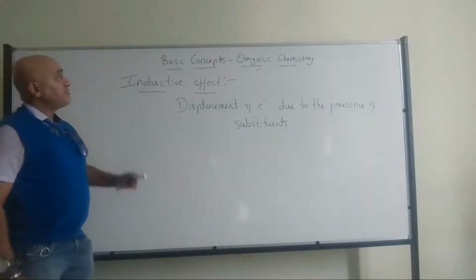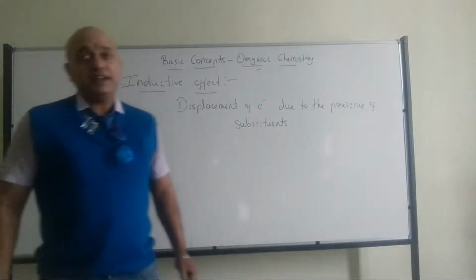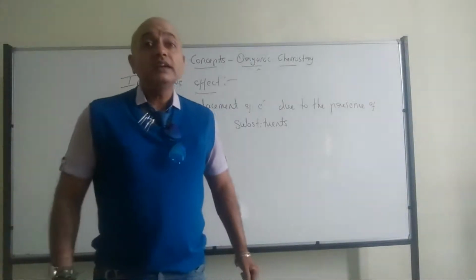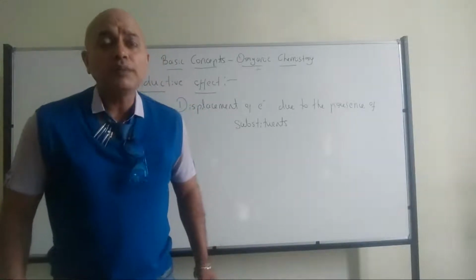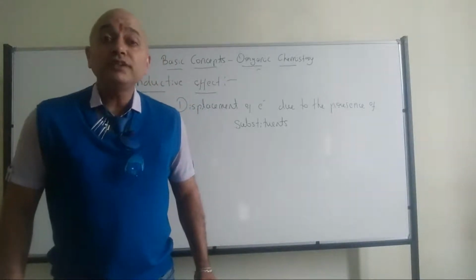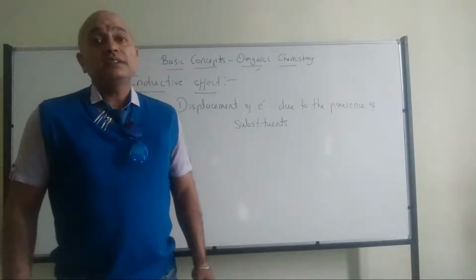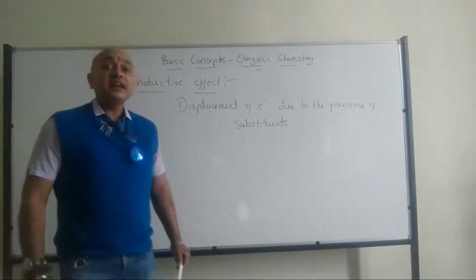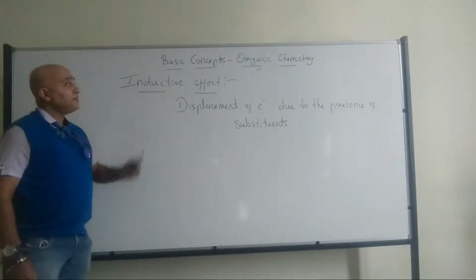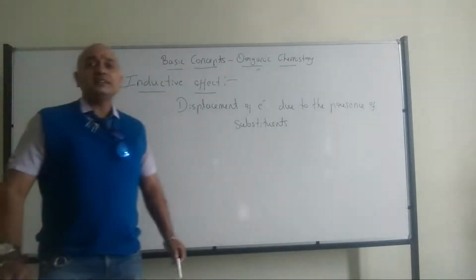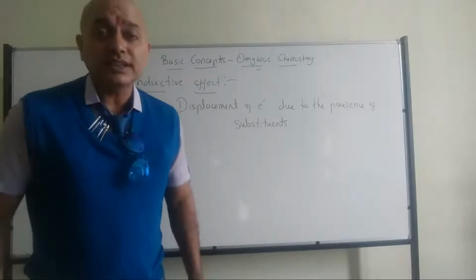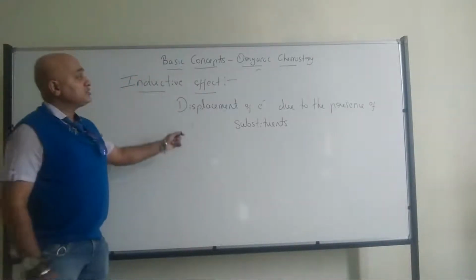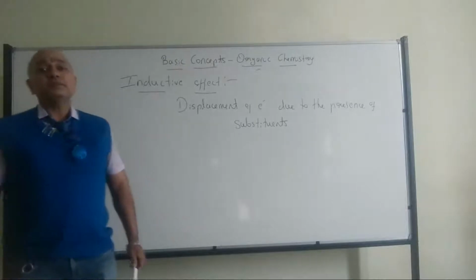Fine. So that's where we have the inductive effect. Now when it comes to resonance, in resonance also there will be displacement or movement of electrons, but that will be due to conjugated double bonds. But here there is no question of double bonds; there will be displacement of electrons due to the presence of substituents.